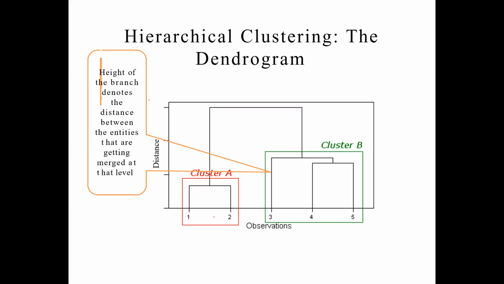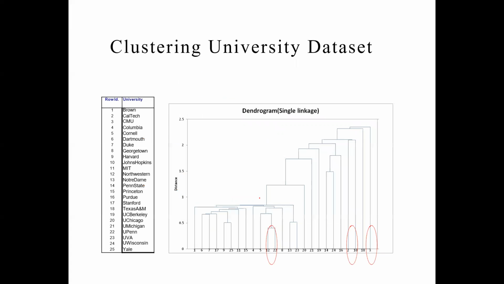So here is one example, just showing the dendrogram for the hierarchical clustering technique. In the dendrogram, the height of the branch denotes the distance between the entities that are getting merged at that level. I will explain that with a numerical example, and definitely you will be clear with this concept.